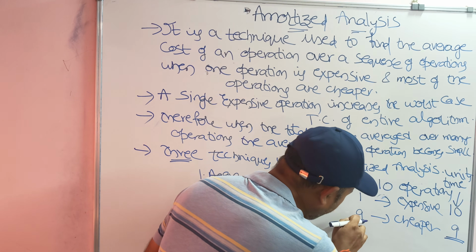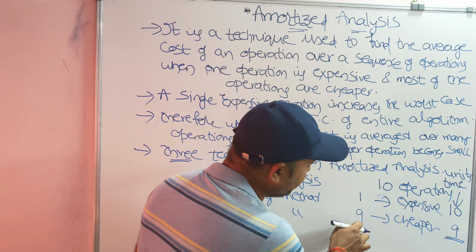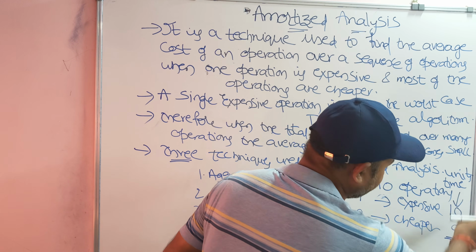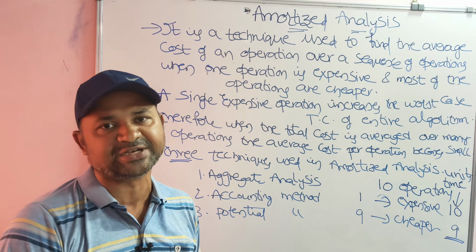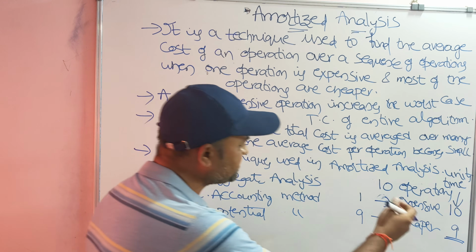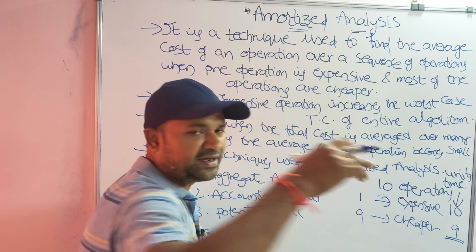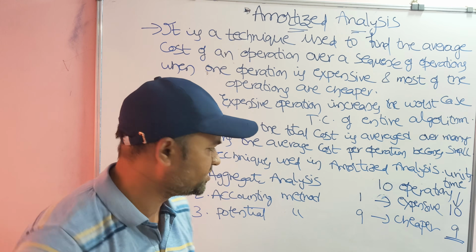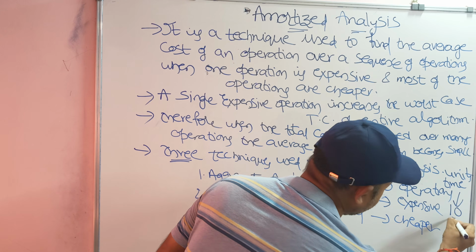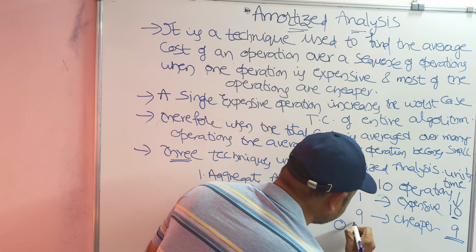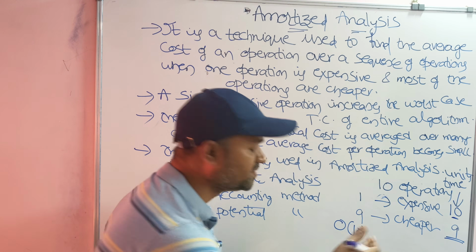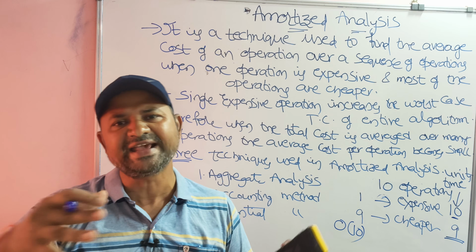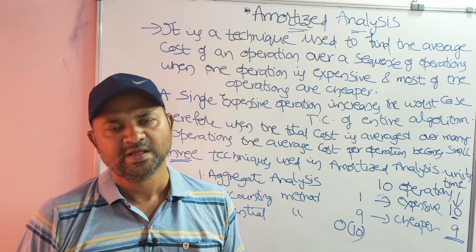Whereas for performing these 9 operations, it will take only 9 time units. So the worst one is 10, and the remaining are all 1, 1, 1, 1, likewise 9 operations. So which is expensive? 10. So we can say that here the time complexity is order of 10. So it will take more amount of time.